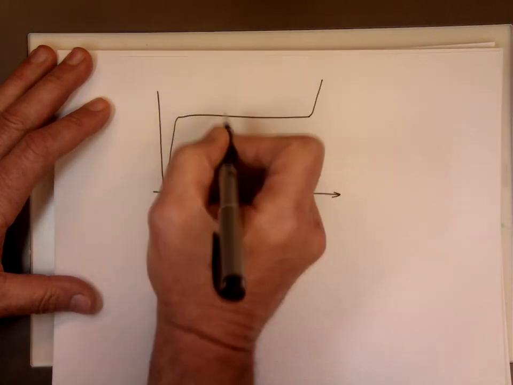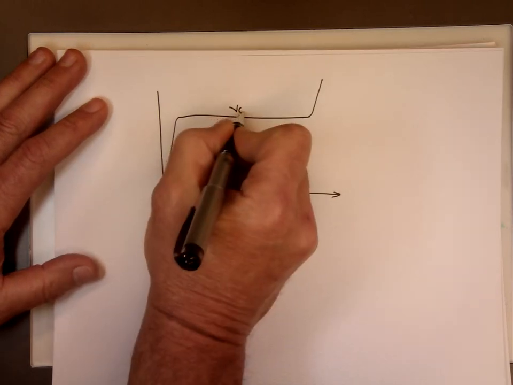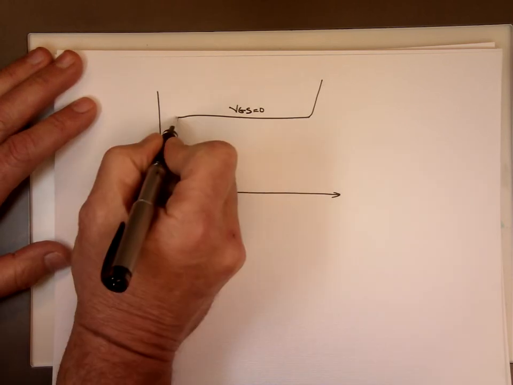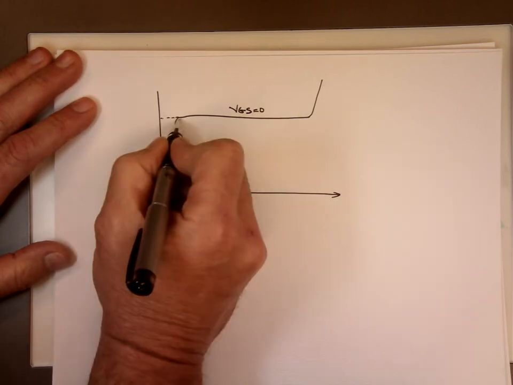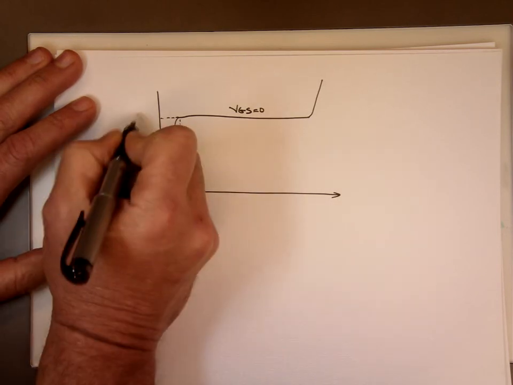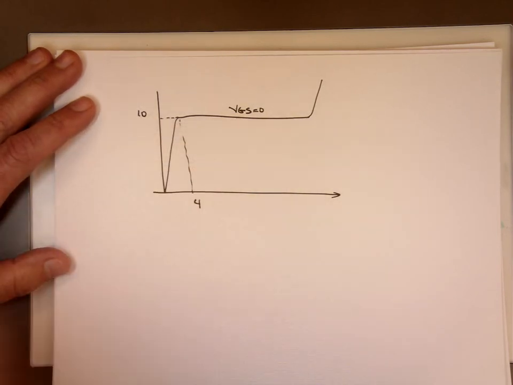This is when VGS equals 0. And let's say the pinch-off value here, I'm just going to use some numbers, is 4, and this is 10 milliamps, ID in milliamp.